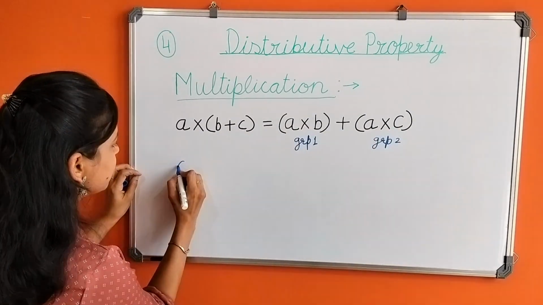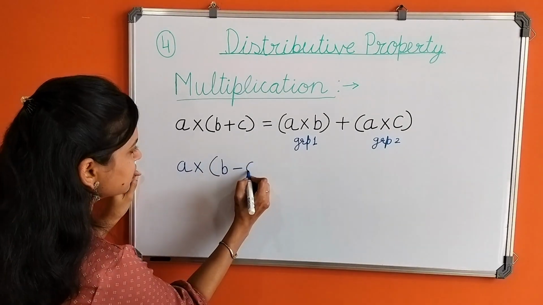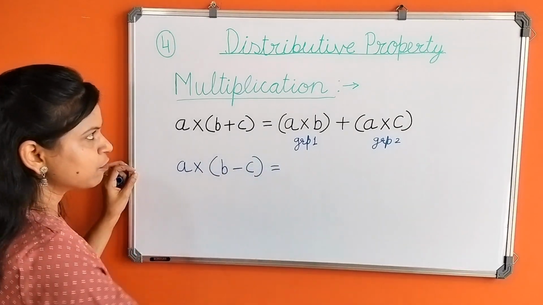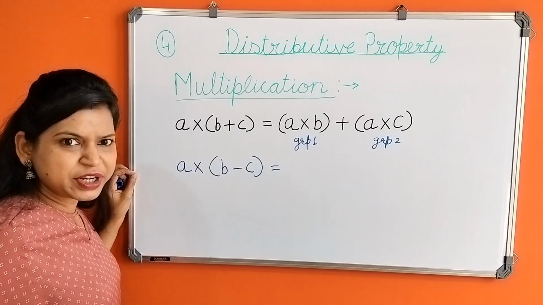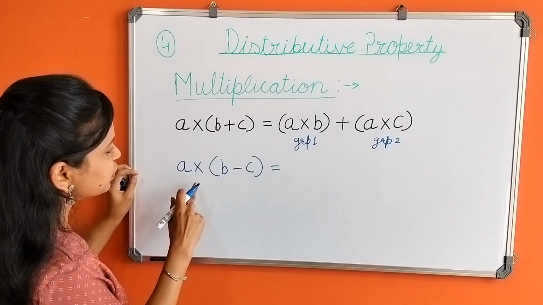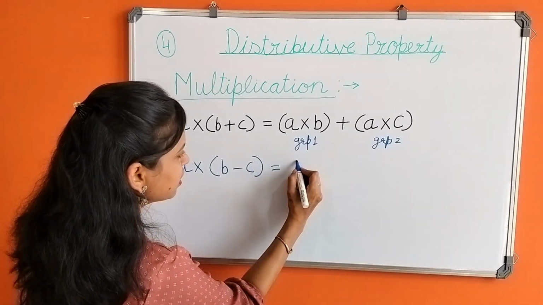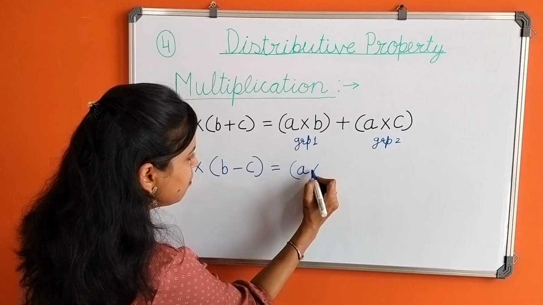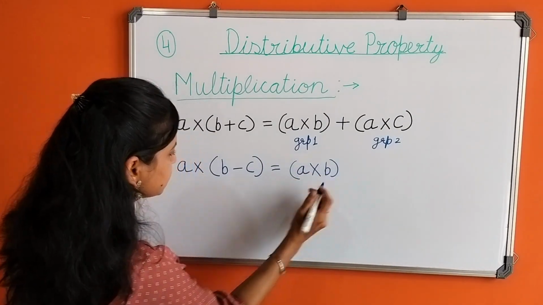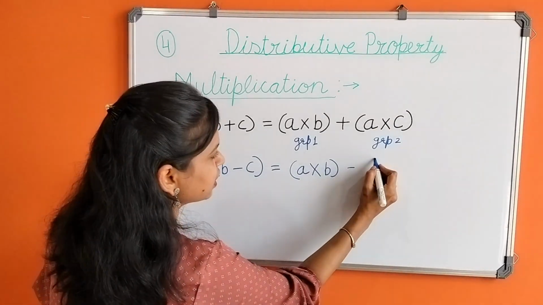Similarly, for subtraction, what will be the distributive property? a will be distributed between b and c. So a into b minus a into c.